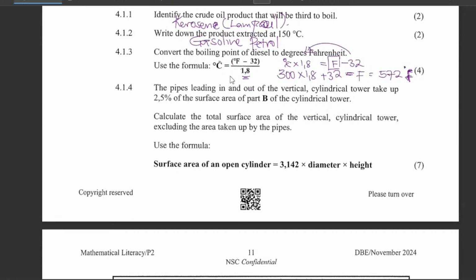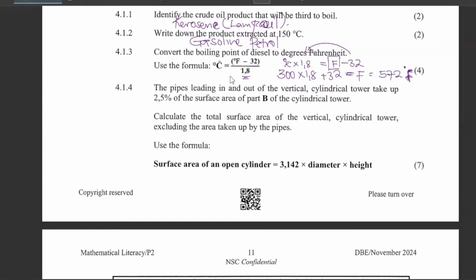The pipes leading in and out of the vertical cylindrical tower take up 2.5% of the surface area of part B of the cylindrical tower. Calculate the total surface area of the vertical cylindrical tower, excluding the area taken up by the pipes.